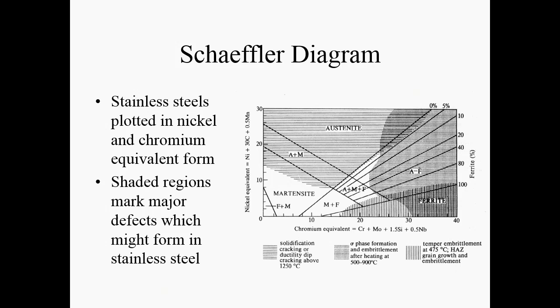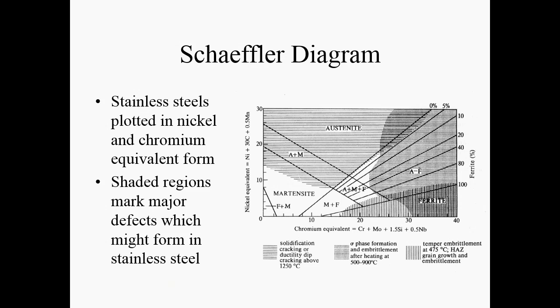And then we can plot on this diagram the regions that correspond to the different phases that you'll form, and the regions therefore which point out which steel we actually have. So the chromium equivalent is chromium plus molybdenum plus 1.5 times silicon plus 0.5 times niobium.